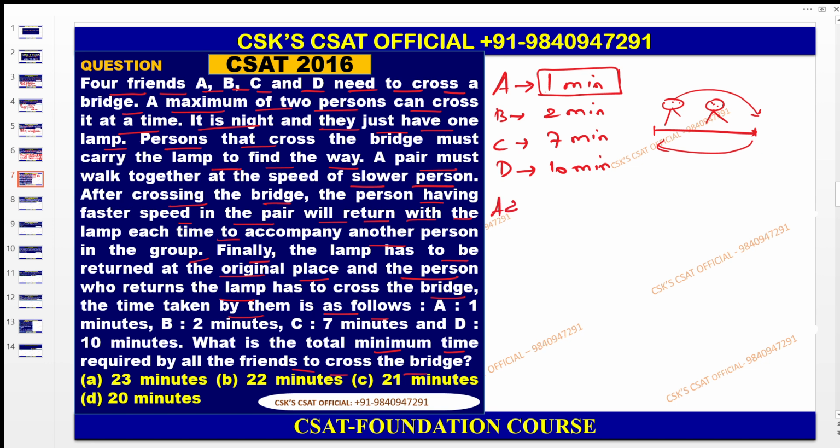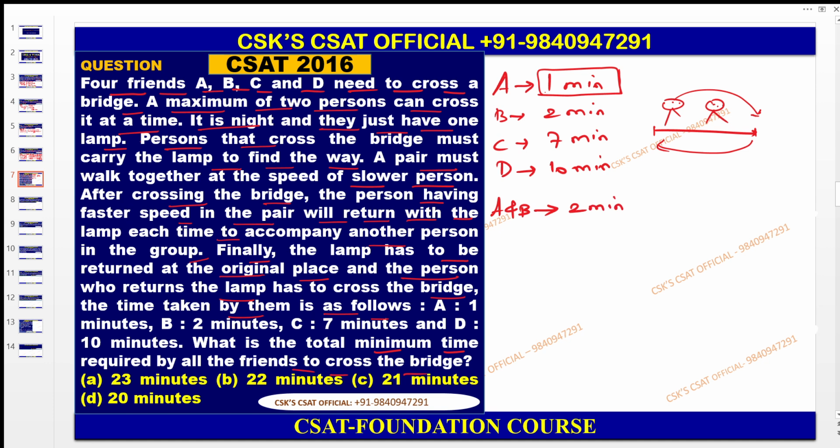Now let us take A and B here. To reach this place, they will take 2 minutes, because even though the faster person takes 1 minute, the slower person takes 2 minutes. So you have to walk according to the slower person's time. So here, 2 minutes to reach.